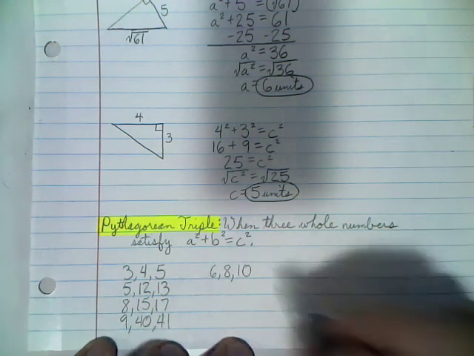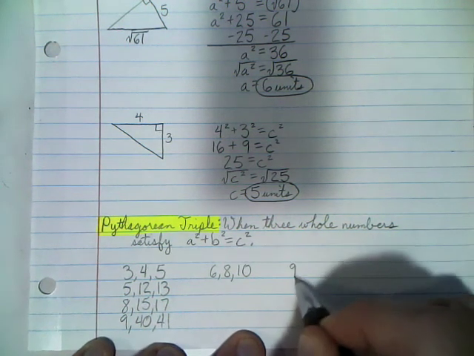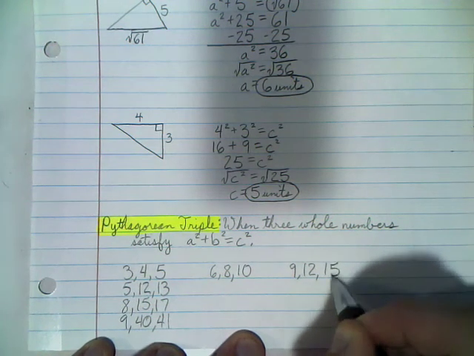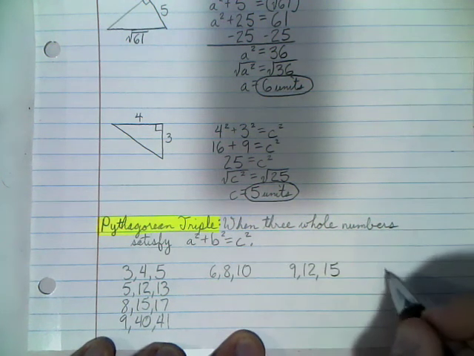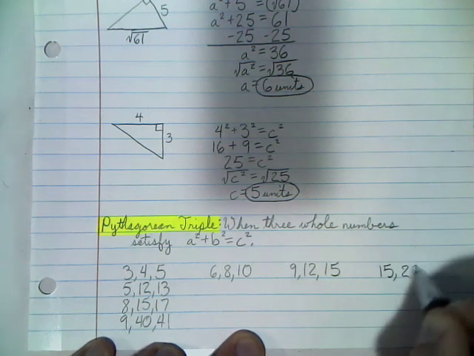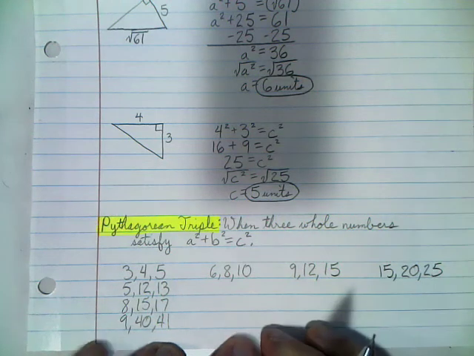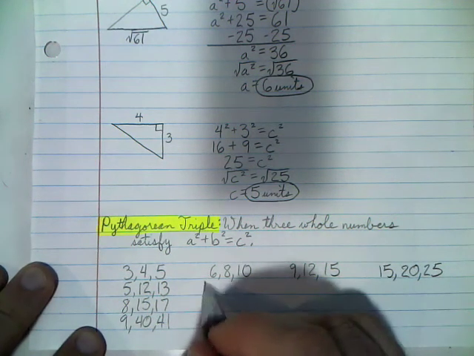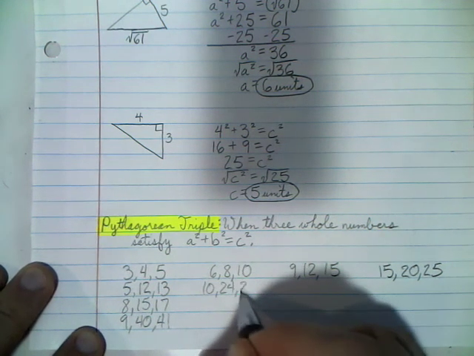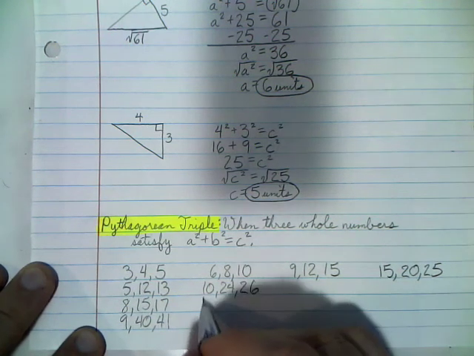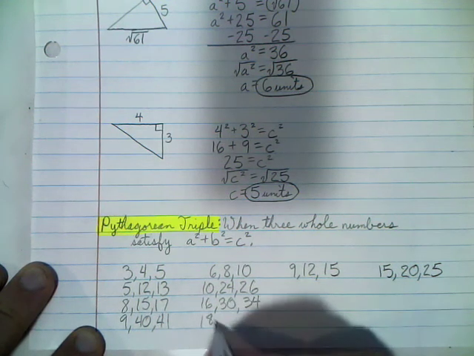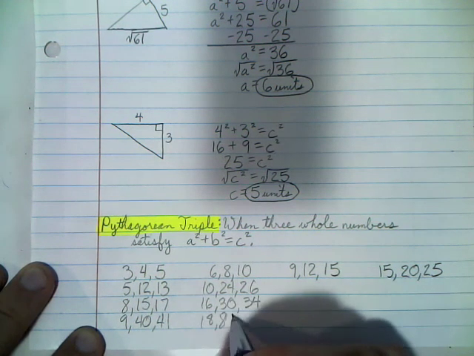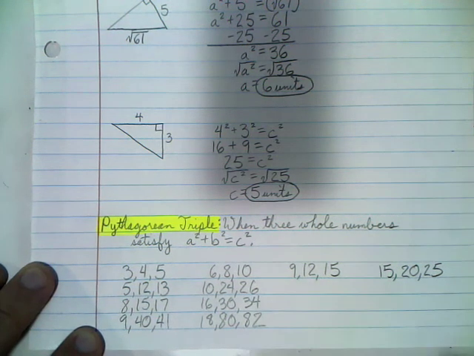I could triple each of those, 9, 12, 15, and so on. Or I could multiply each of them by 5, 15, 20, 25. I could double each of these, so 10, 24, 26 would be a Pythagorean triple. 16, 30, 34, 18, 80, 82, and so on and so on.